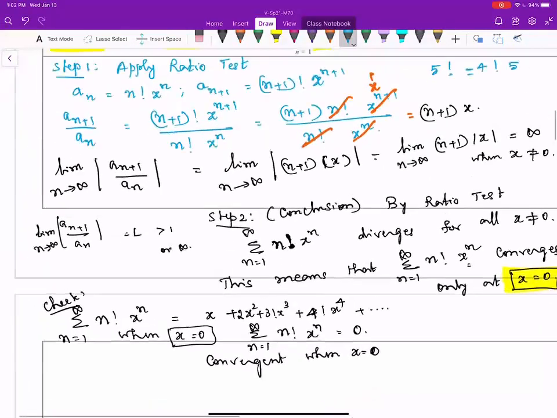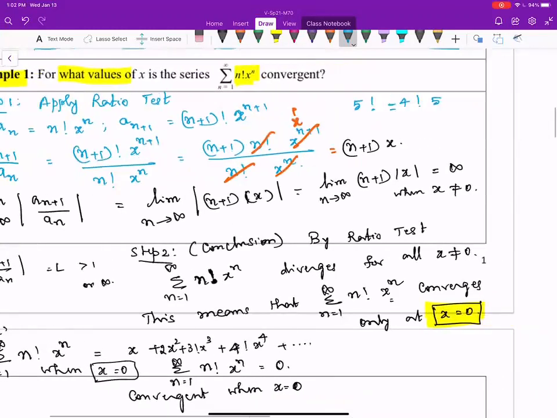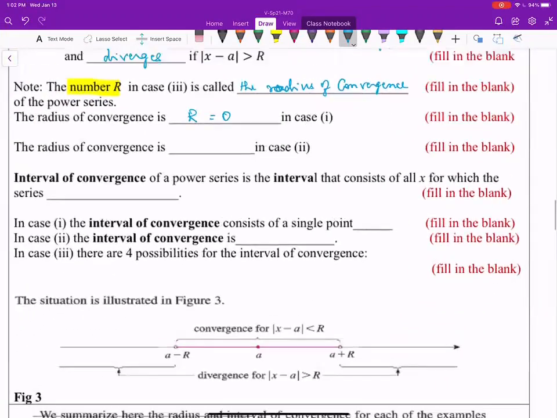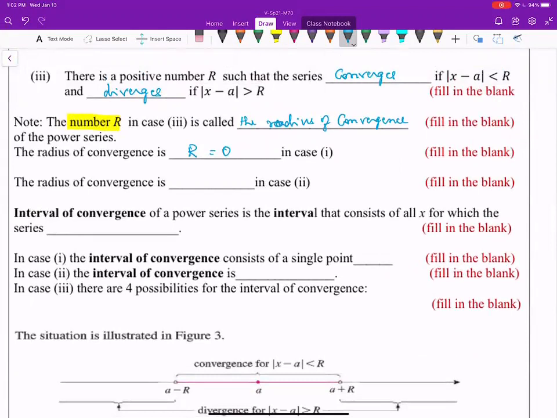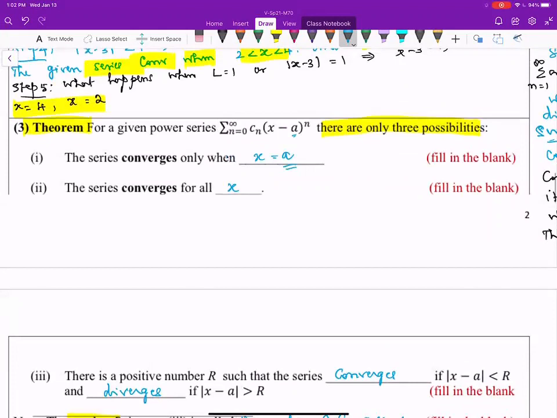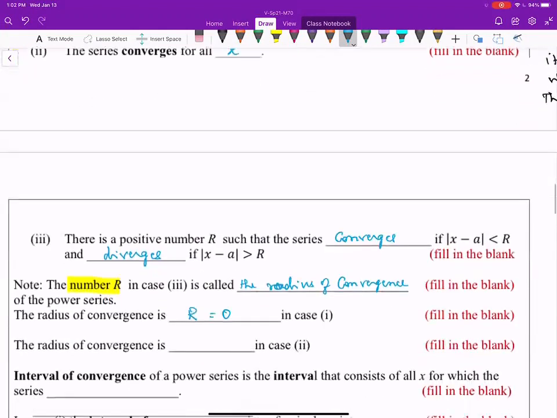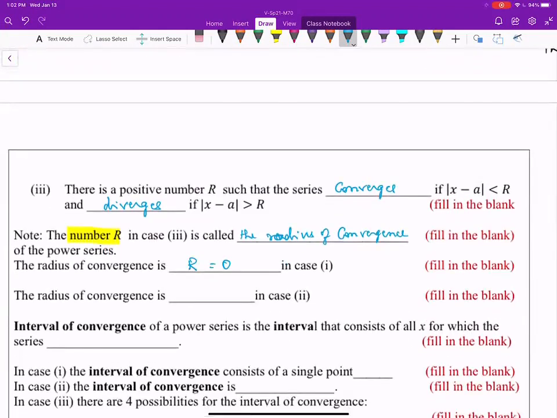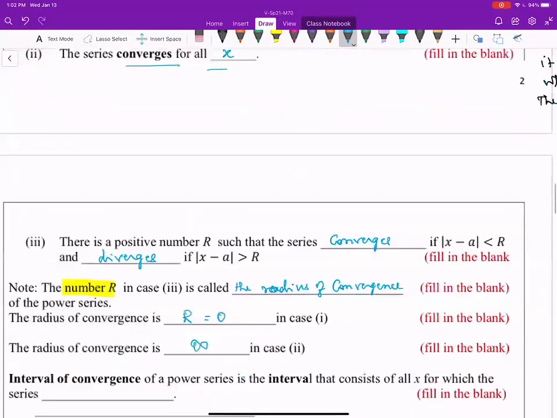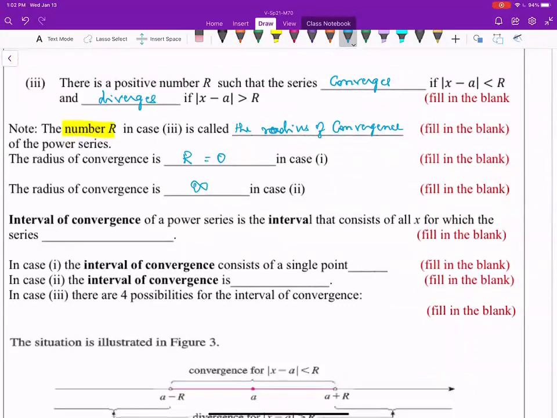So in this example, we have seen it converges only at the center of the power series. Even when it converges only at x equal to a, it means the radius of convergence is 0. In the second case, if it converges for all x, that means the radius of convergence is infinity.